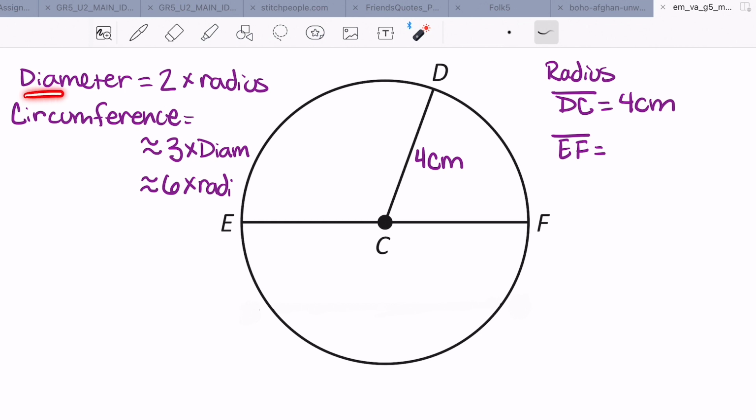And our diameter is made up of 2 radiuses, or 2 times the length of the radius. So our equation is going to be 2 times 4 centimeters, which equals 8 centimeters.